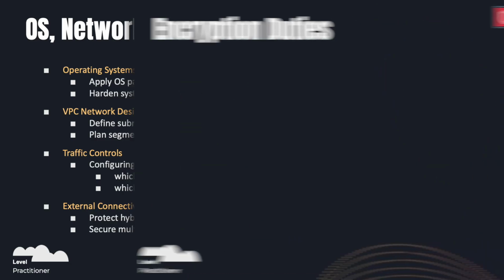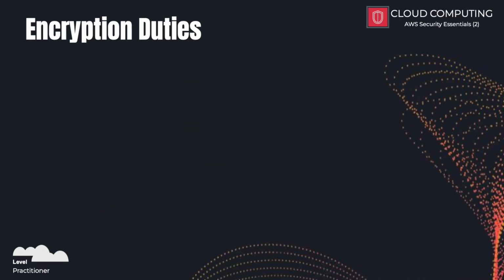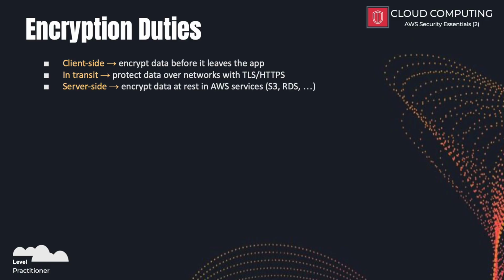Another major responsibility is encryption, which applies in three key areas. The first one is client-side encryption, which means making sure data is encrypted by your applications before it's sent to AWS. The second one, encryption in transit, which means making sure the data is protected while moving across networks, typically using HTTPS or TLS.